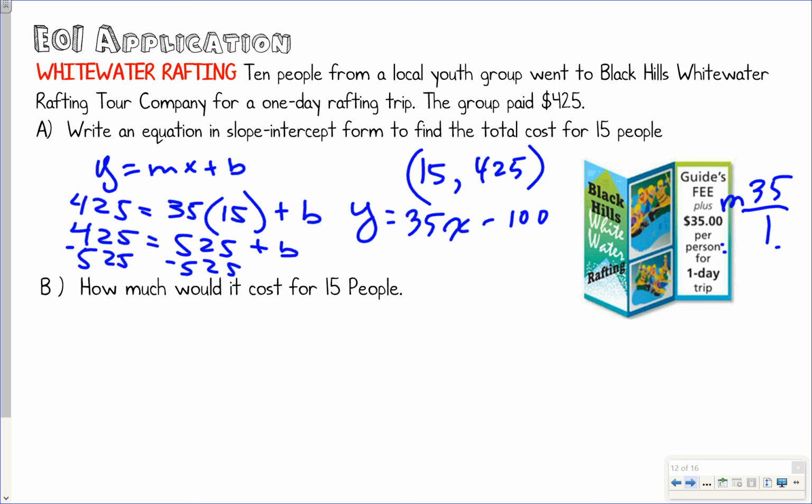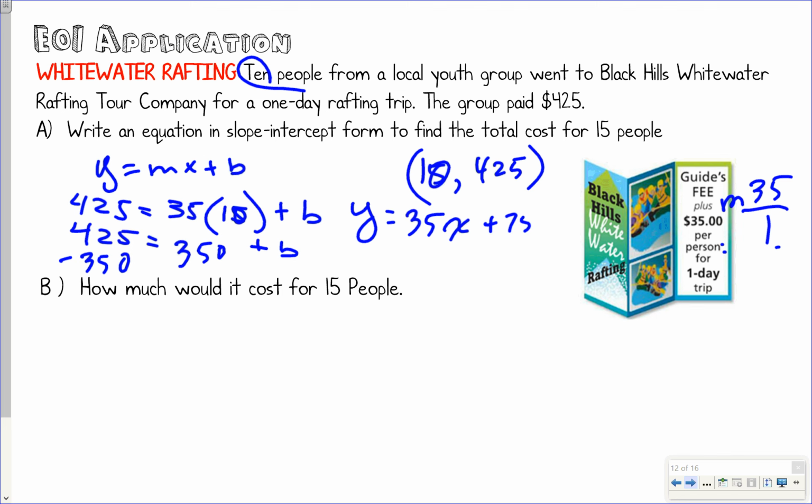Oh, wait a minute, I forgot the first part, didn't I? It's 10 people, right? Yeah. That should be 10. Sorry. How much is that? 350, 350. Okay, so subtract 350, that ends up being what? 75. 75 plus.